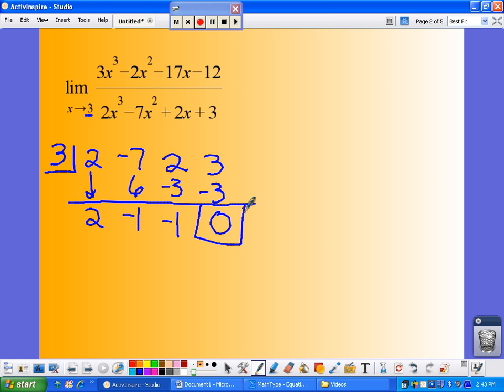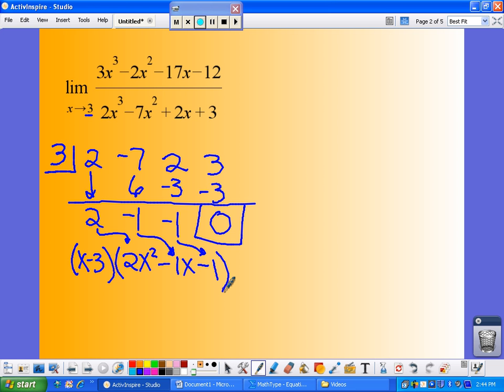But regardless, we also know that one factor of the denominator is x minus 3 because we got a remainder of 0. The other factor of the denominator is 2x squared minus 1x minus 1. See where I'm getting that from my synthetic division? So that's the denominator.